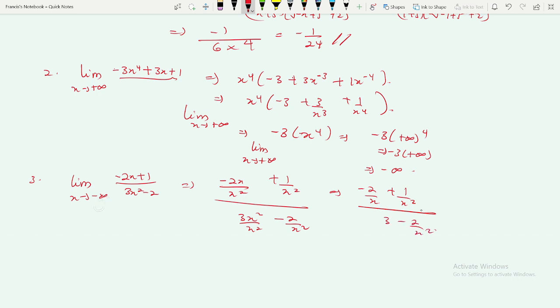So when I put my negative infinity, any finite number over infinity is what? 0, right? So my numerator becomes what? 2 on x, 1 over x squared. What am I getting?